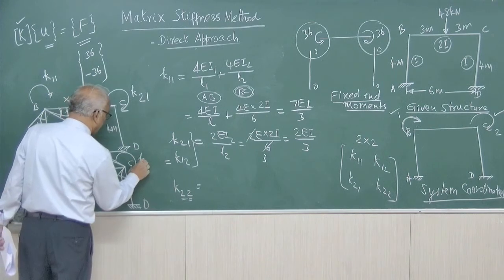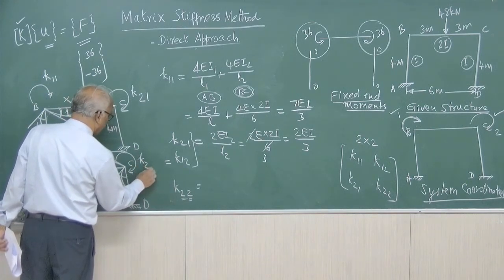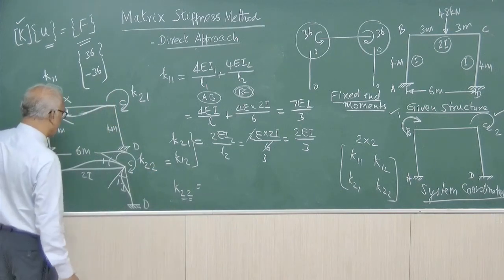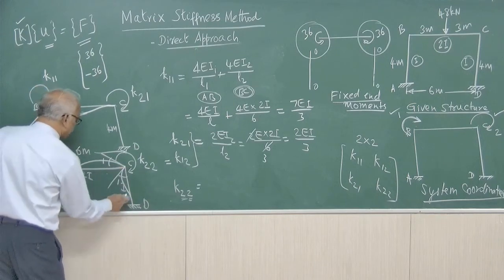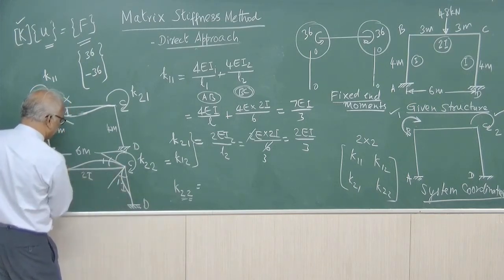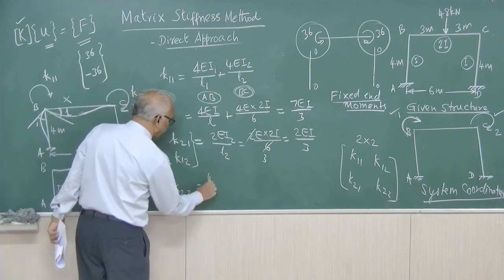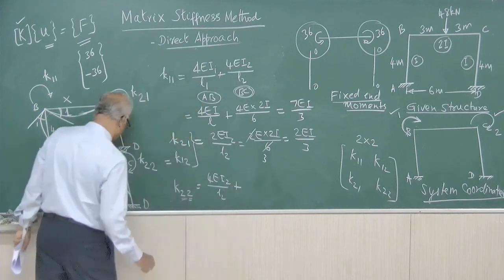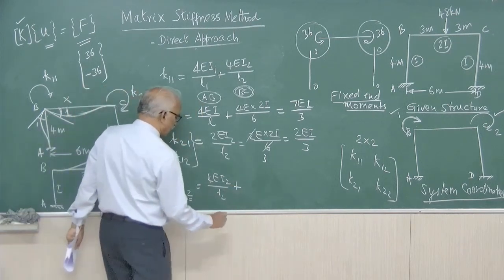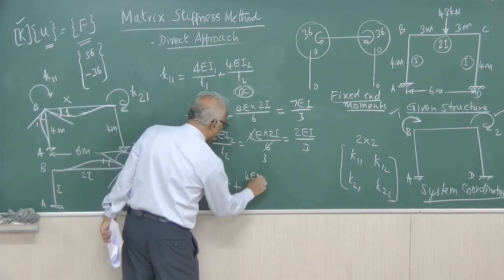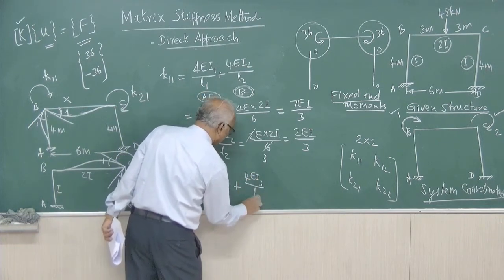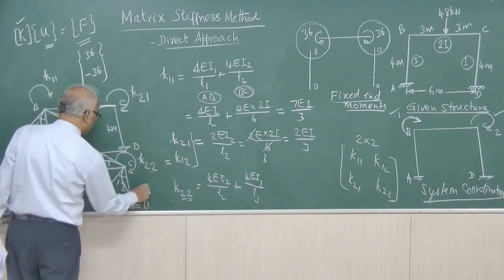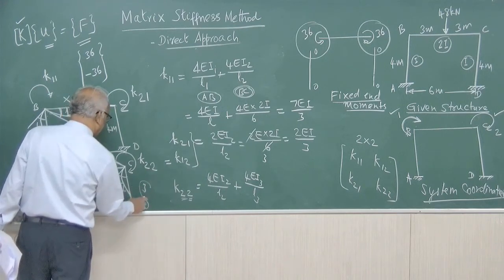The force that is required at coordinate 2 due to unit displacement at coordinate 2, we have to find out, K22. So for the beam, it is 4EI2 by L2, plus for the column, which is member 3, it is 4EI3 by L3.